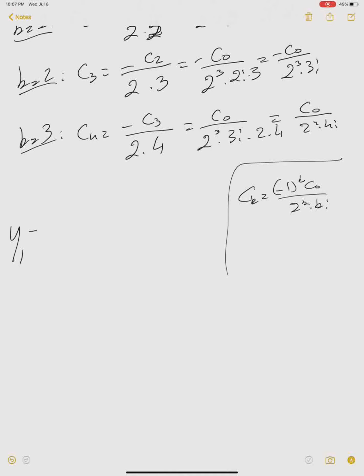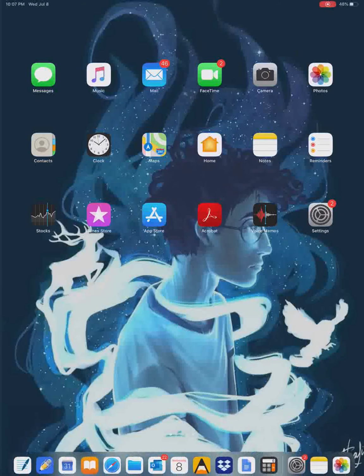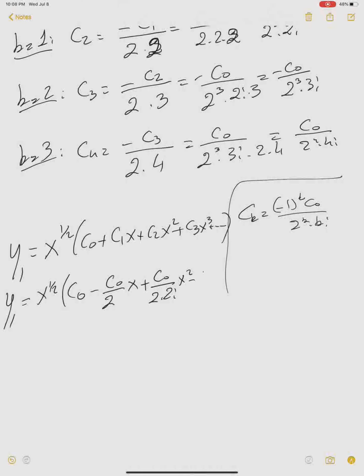So y1 is x power half, c0 plus c1 x plus c2 x squared plus c3 x cubed plus so on. So y1 equals x power half times c0, c1 is minus c0 over 2, x plus c0 over 2 squared times 2 factorial, x squared, minus c0 over 2 squared times 3 factorial, x cubed, plus and so on.